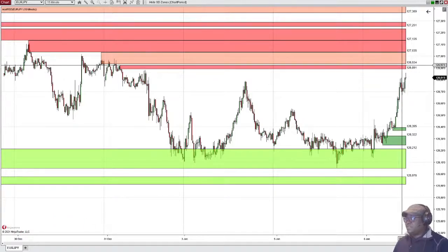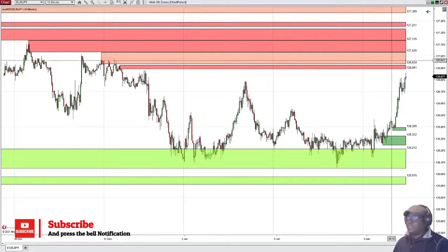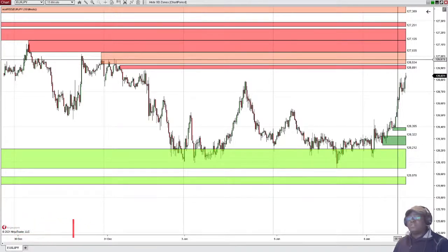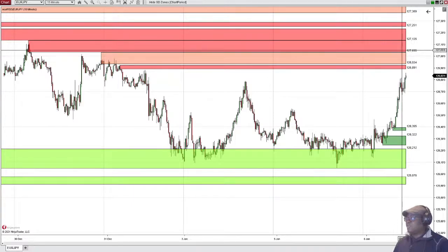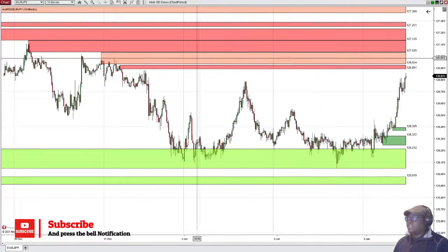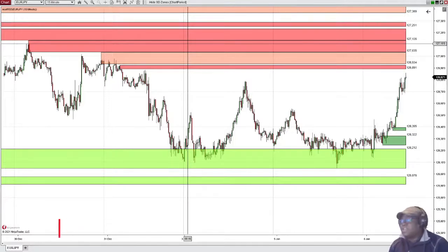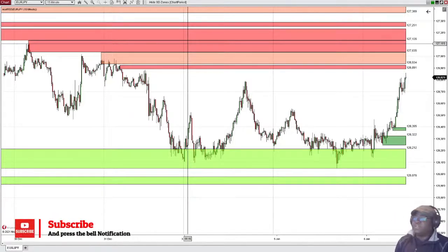If this holds, the entry stop loss is going to be, see, there's supply that is up to the 50 pips. So that is mostly how I enter.